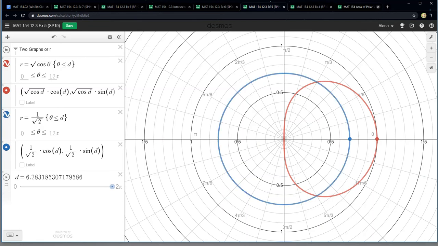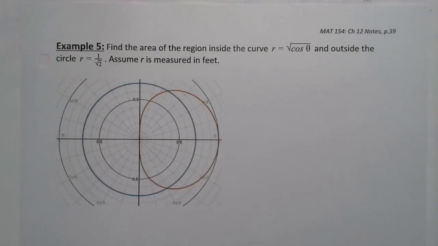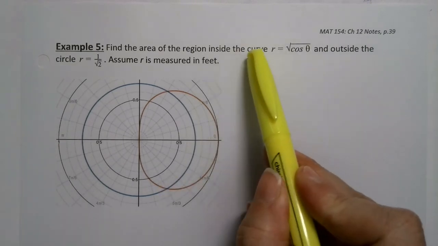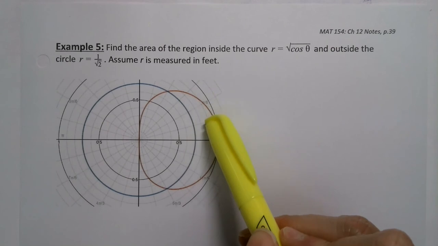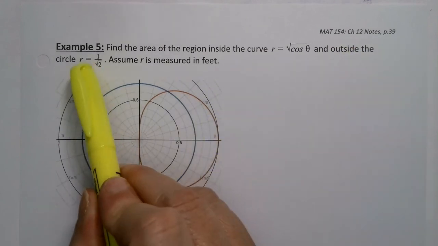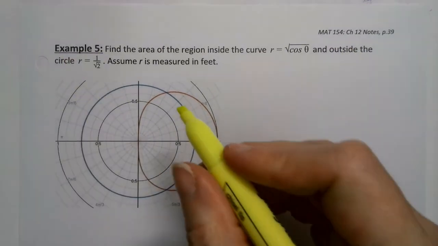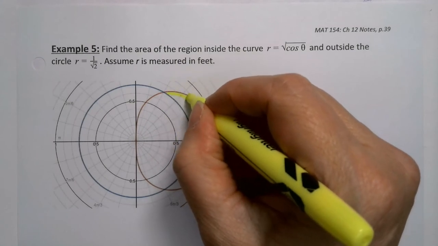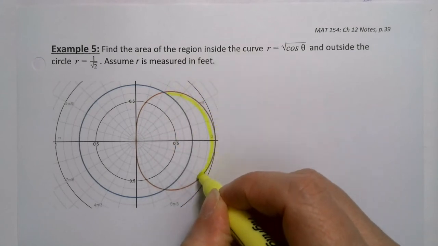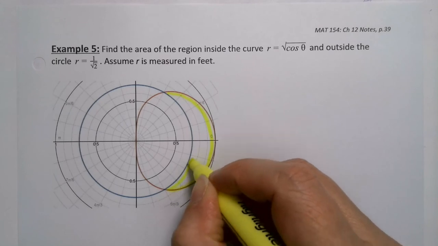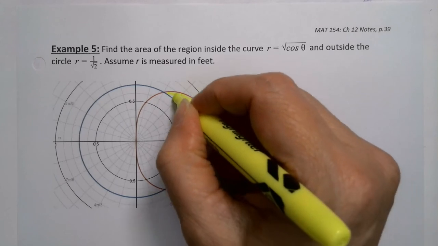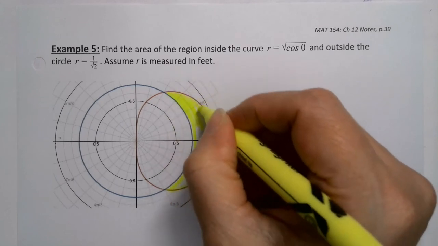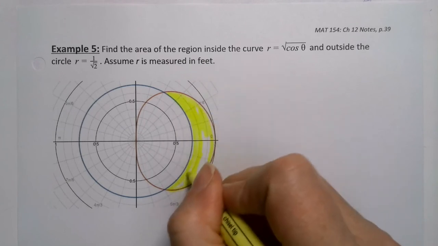Okay, so I want to be inside, let's read this again, inside this curve. So I want to be inside here, but outside of that circle, which means I'm talking about this kind of half moon. That's what I'm trying to find. That is inside the red curve, but outside of the blue curve.